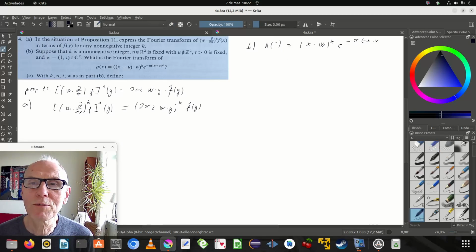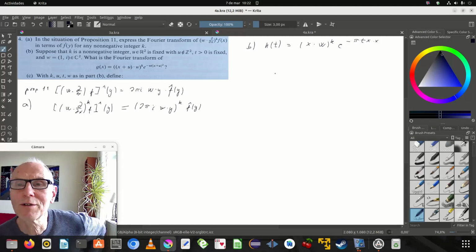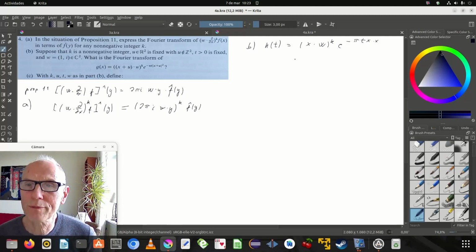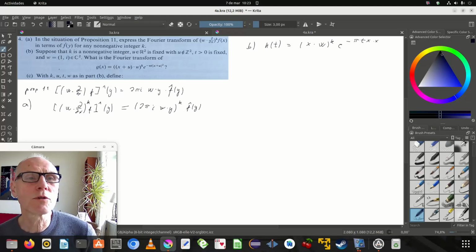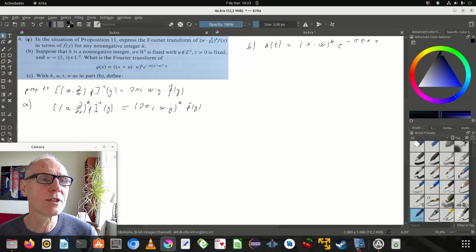So it was possible to get confused here after all. And of course, it doesn't state in the proposition, but I assume the situation of proposition 11, meaning that the function is a function of fast decrease.